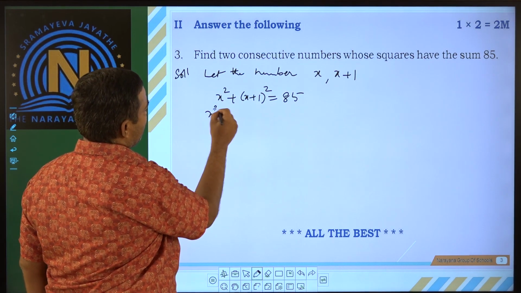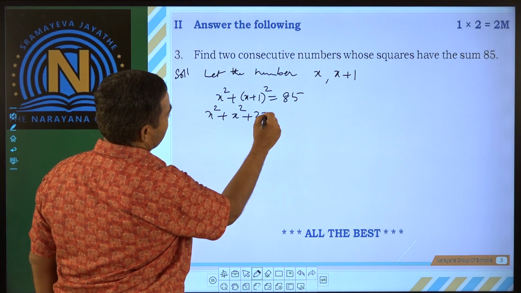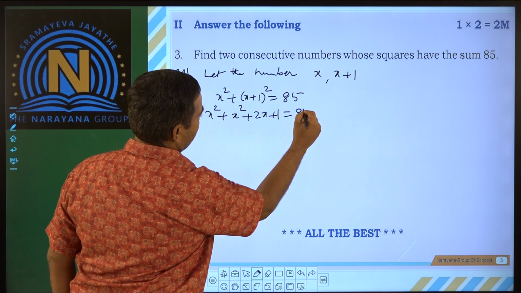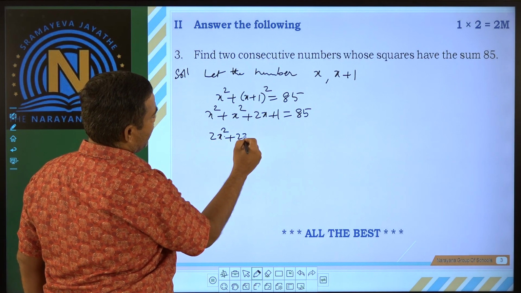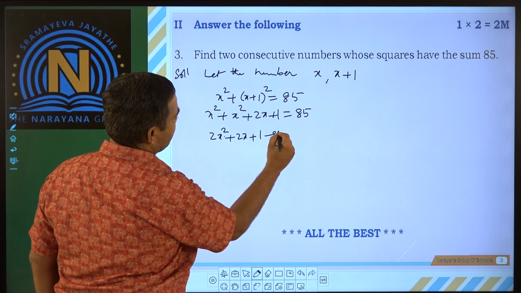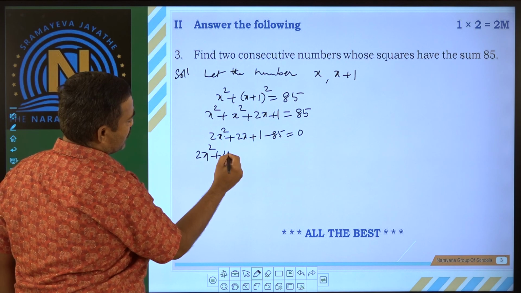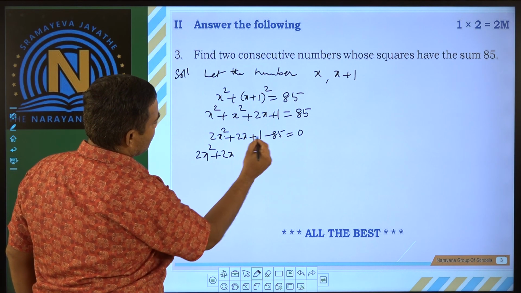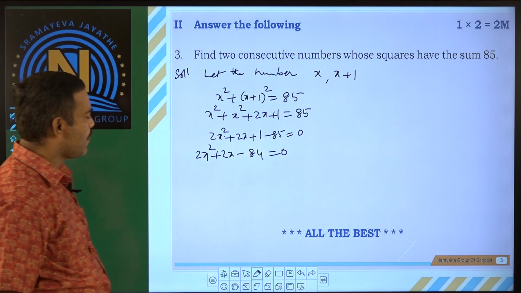Now, using a plus b whole square, x square plus 2x plus 1 is equal to 85. Now 2x square plus 2x, take 85 to the left side, 1 minus 85 is equal to 0. Now 2x square plus 2x minus 84 is equal to 0.